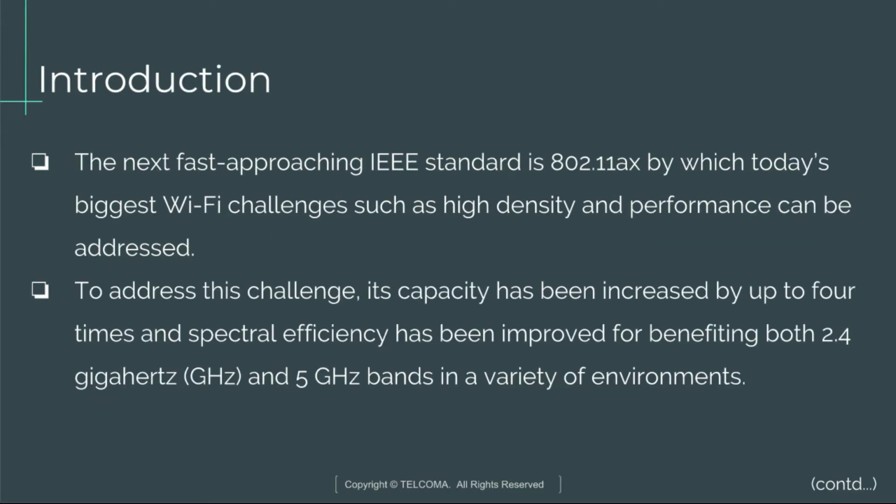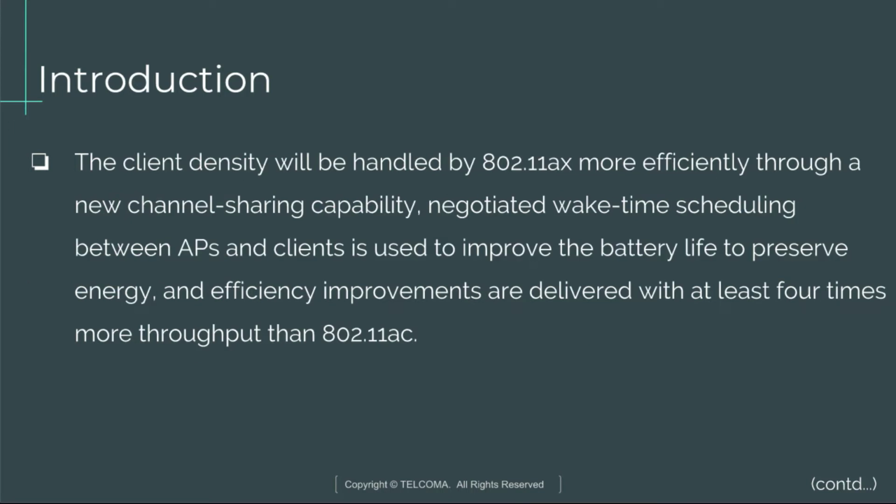Next is introduction. The next fast approaching IEEE standard is 802.11ax, by which today's biggest Wi-Fi challenges such as high density and performance can be addressed. To address this challenge, its capacity has been increased by up to 4 times and spectral efficiency has been improved, benefiting both 2.4 GHz and 5 GHz bands in a variety of environments.